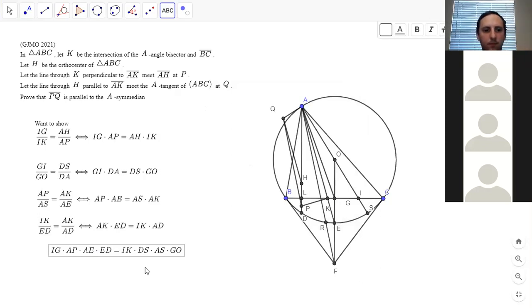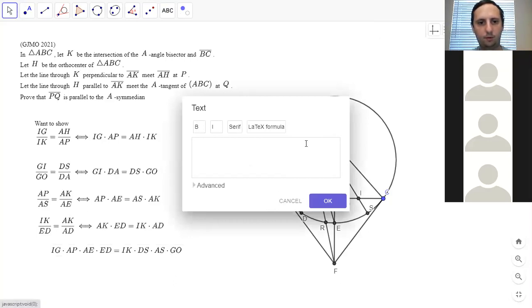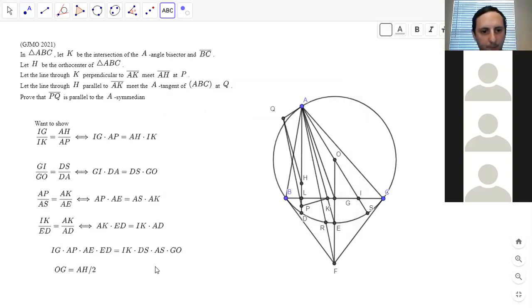Now we realize that OG is half of AH. So we just need to prove that AE times ED is equal to DS times AS divided by 2, because OG is AH over 2.